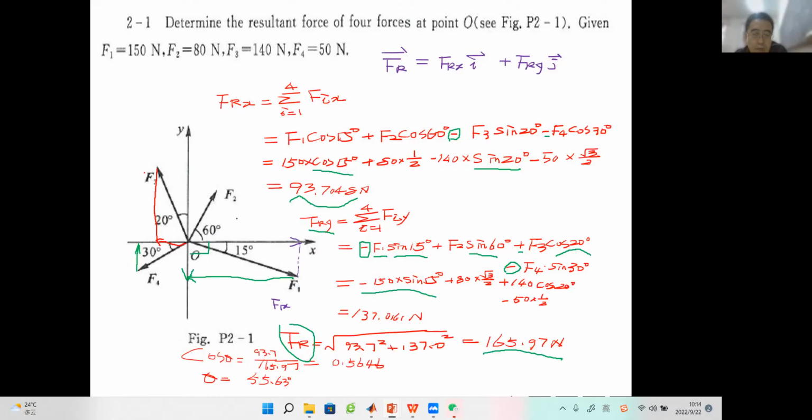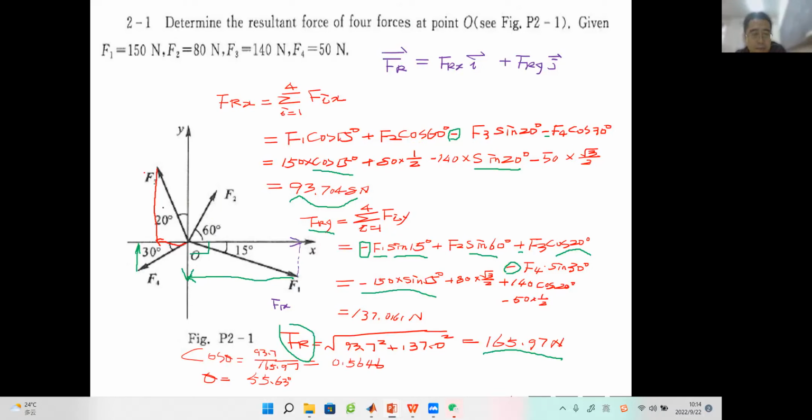When we do the projection, we should always pay attention to the correct direction, because it will influence our result. If you cannot give the correct direction, then your result will not be correct accordingly.